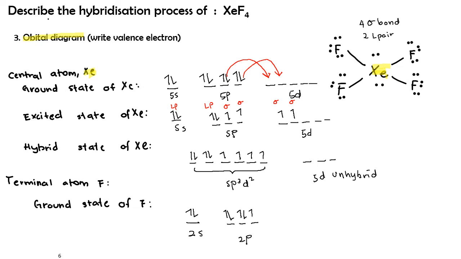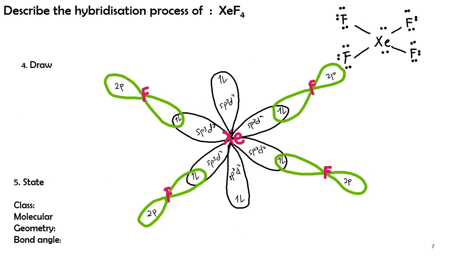Okay, so next, the drawing of XeF4. So make sure you draw the Lewis structure here first. Okay, yang penting kamu ada this Lewis structure. Okay, ini akan jadi guideline for your drawing to show the overlapping to form the sigma bond.